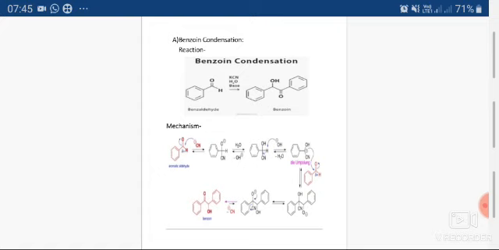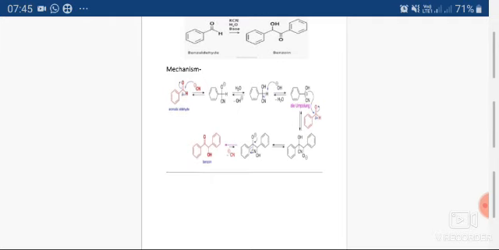This benzoin is also known as alpha hydroxy ketone. This is a simple reaction and the mechanism is also simple, so you can go through this.